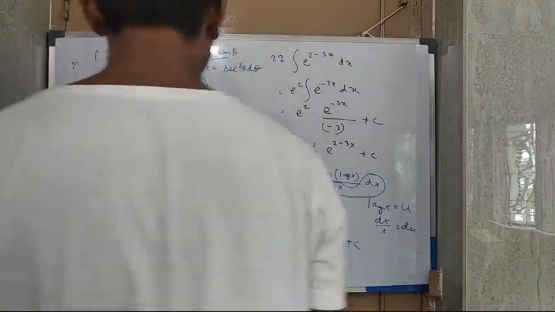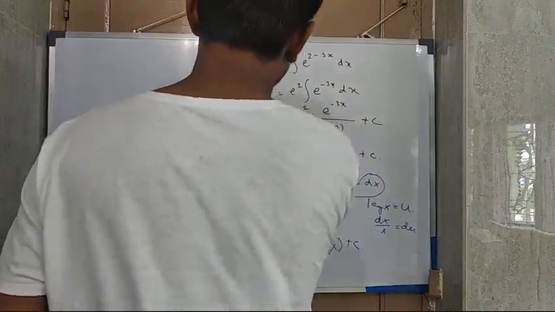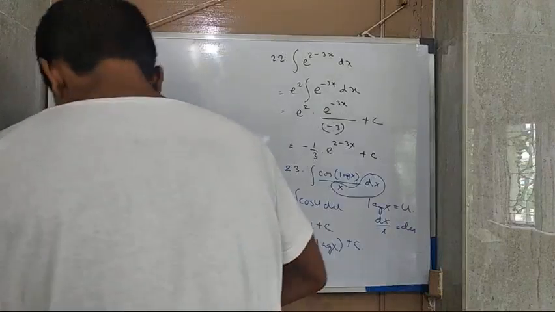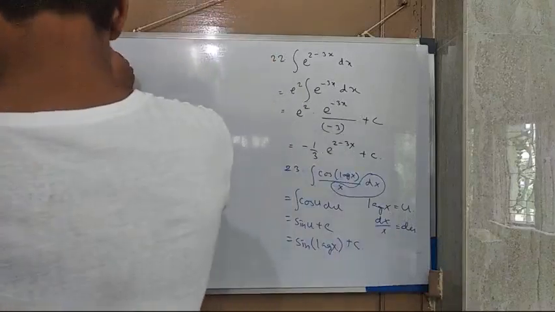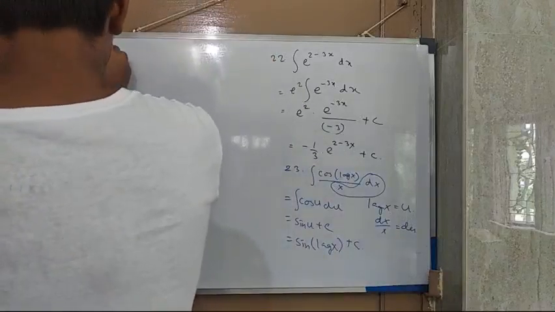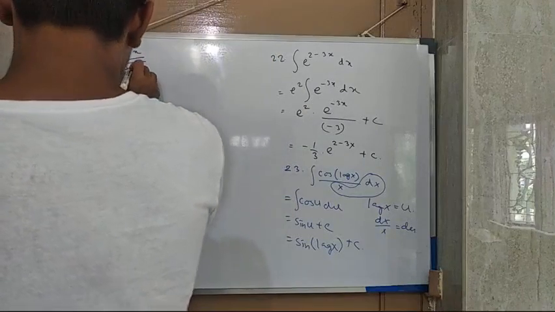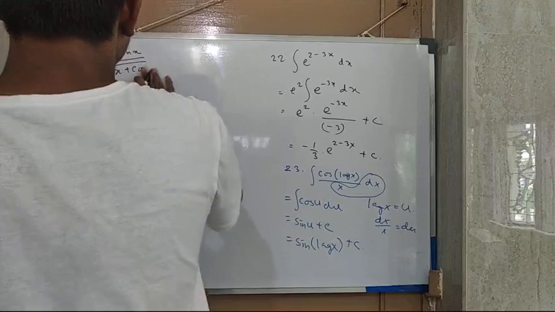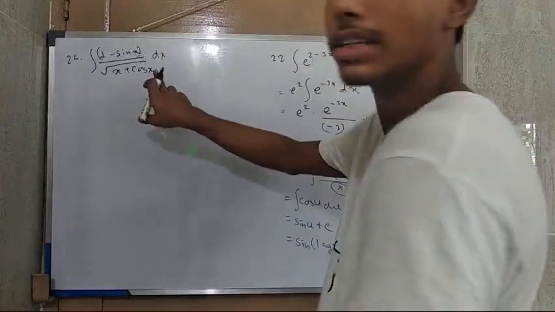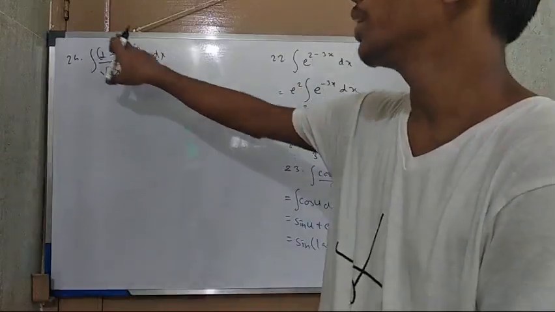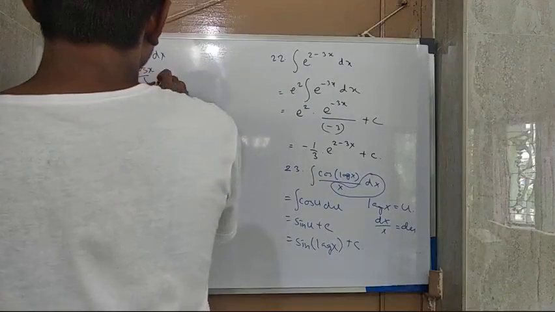Now let's proceed to the 24th integral. The 24th integral is the integral of (1 minus sine x) divided by root under x plus cos x, dx. As you can see, if we differentiate x plus cos x, we get this. So first take x plus cos x as u.